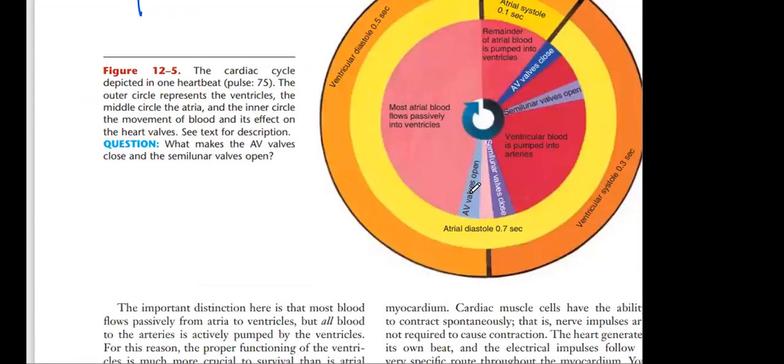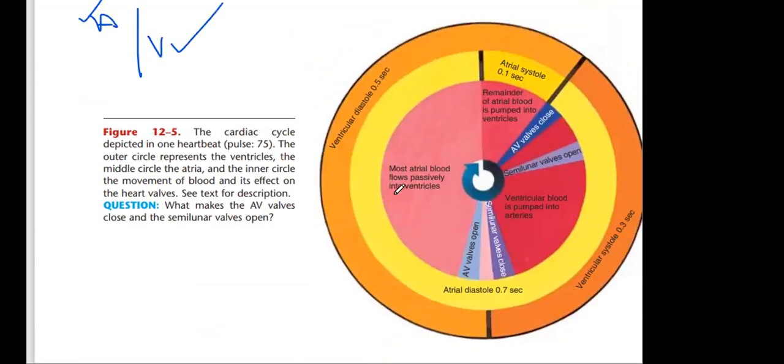Here the timing is given. First atrial systole will happen, meaning contraction happens. Then we have two valves, the tricuspid valve and the bicuspid valve.